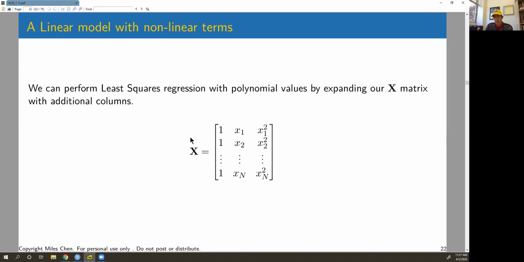So X is going to be an n by 3 matrix. I've got a column of ones for the intercept, the column of X values for the linear term, and a column of X squared values for the quadratic term.